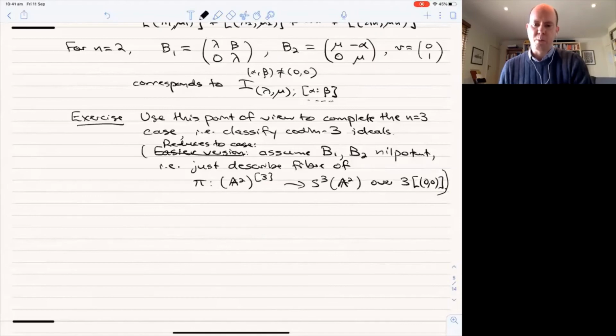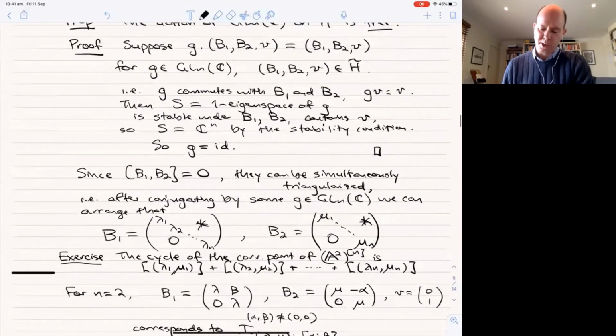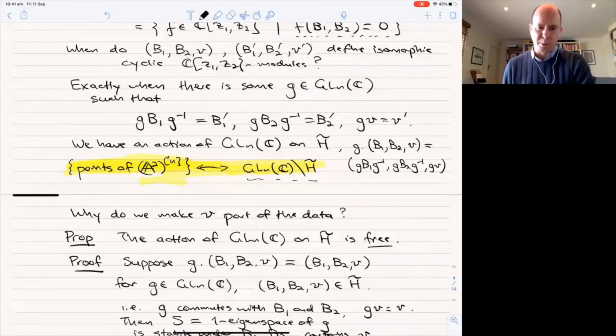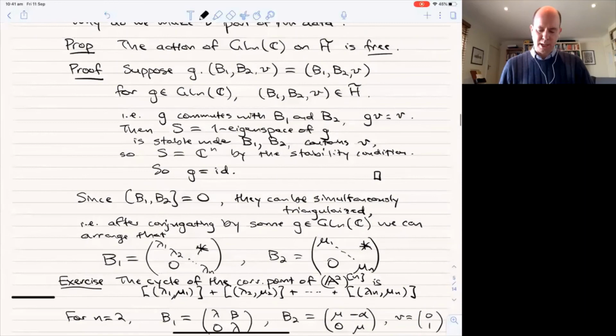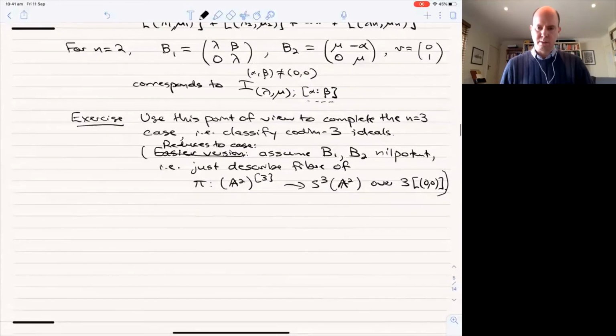And so in Nakajima's approach, you define the Hilbert scheme of A2 to be this quotient, if you already know how to define a variety structure on a quotient like that. And then you show that the functor that it represents is the right one. So it deserves to be called the Hilbert scheme. I'm not going to get to that latter part today, but I might be able to talk about that in the next lecture.